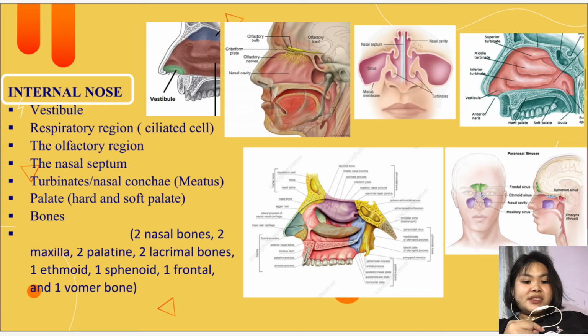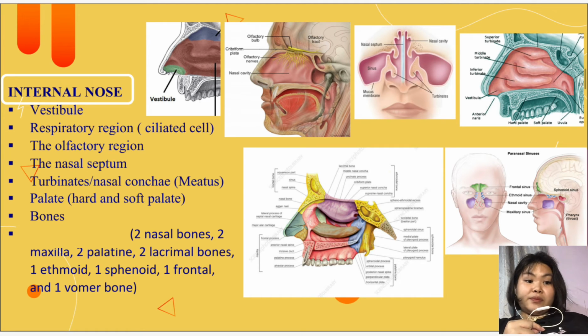The meatus are spaces between the turbinates. This space is important for the drainage of three paranasal sinuses: the maxillary, frontal, and front of the ethmoid sinuses, which will be discussed later. Also, the air flows through the paranasal sinuses, which creates the tone of the voice.